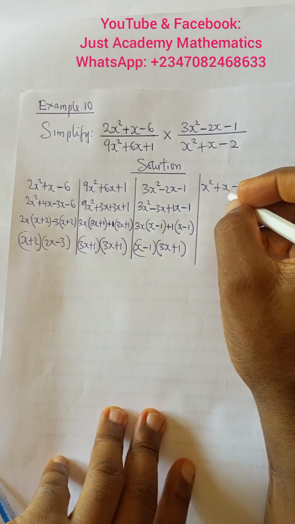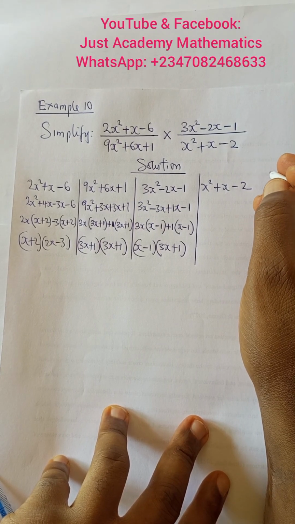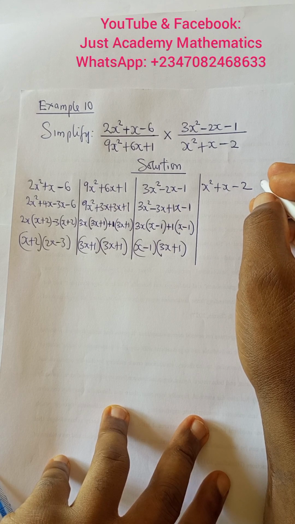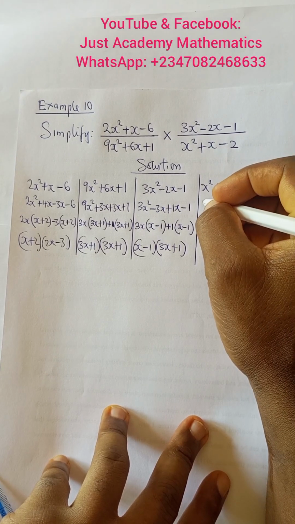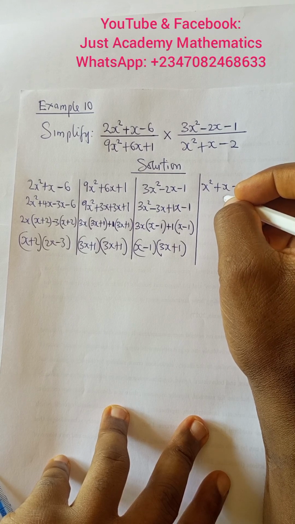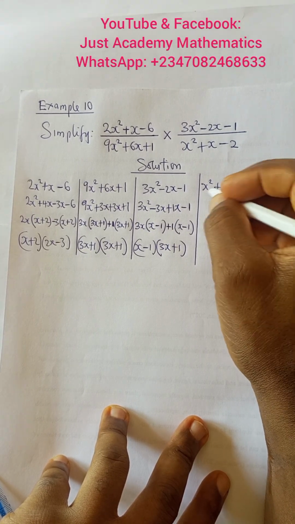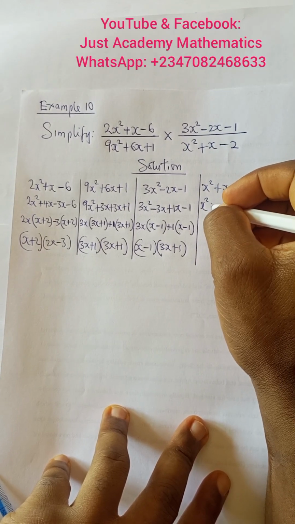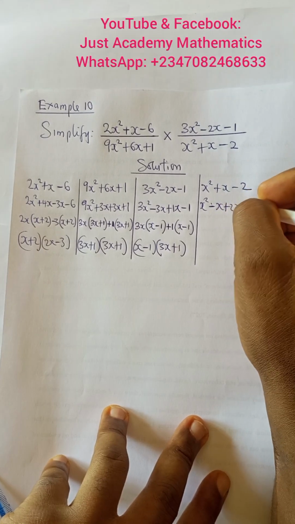The same thing here. Add to give you 1, times to give you minus 2. That should be plus 2 minus 1. So s squared plus 2s minus 1s minus 2.